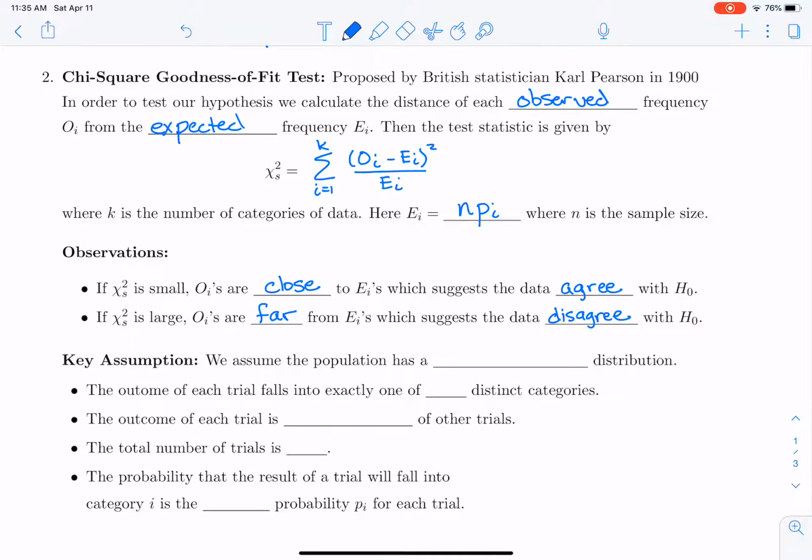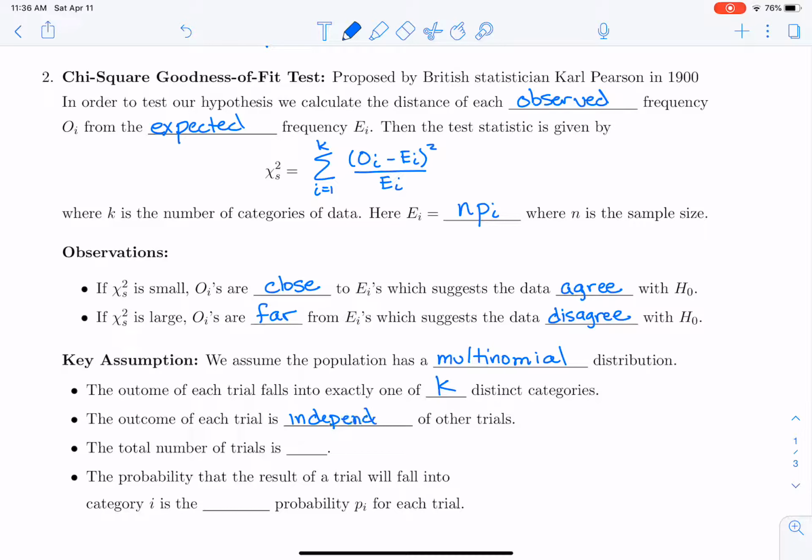Now, our key assumption is that the population has a multinomial distribution. You can remember this from Math 350. That means that the outcome of each trial falls into one of k distinct categories, in this case A, B, AB, or O. And the outcome of each trial is independent of other trials.